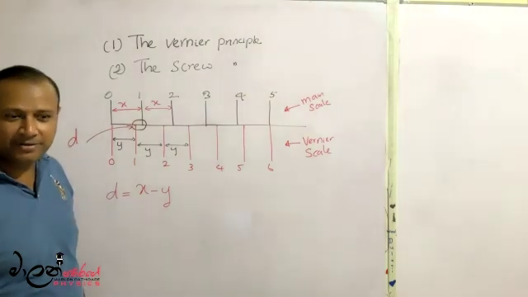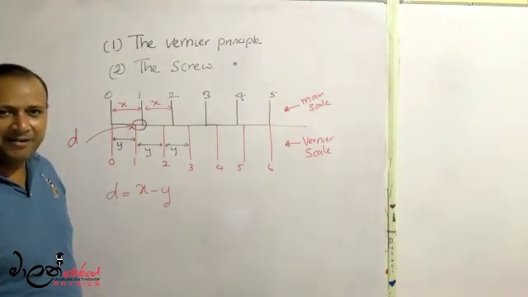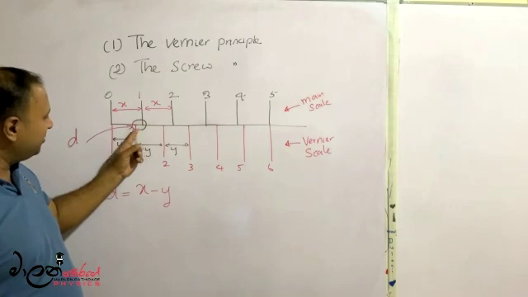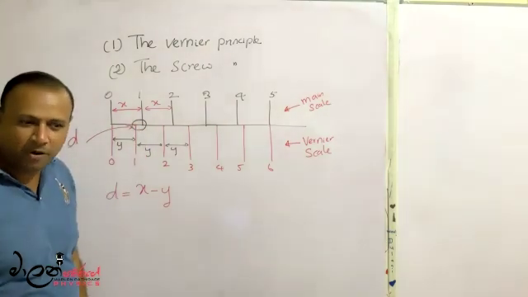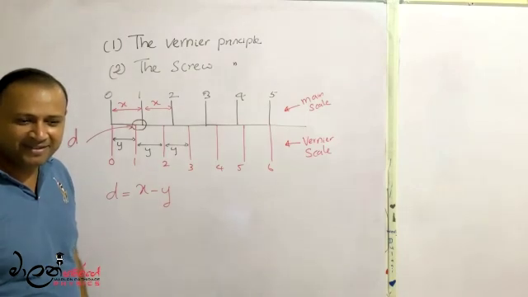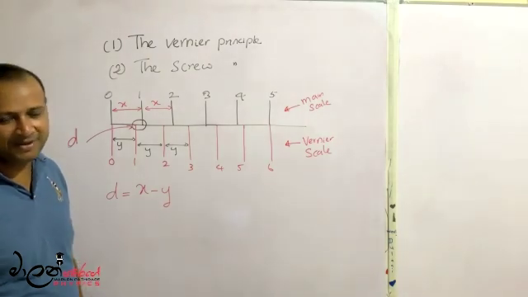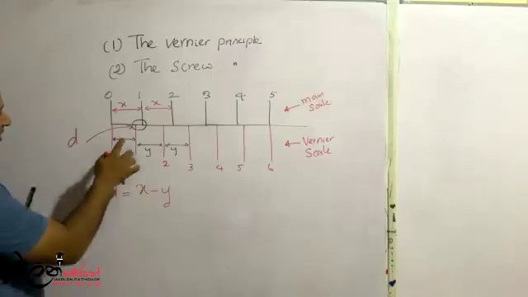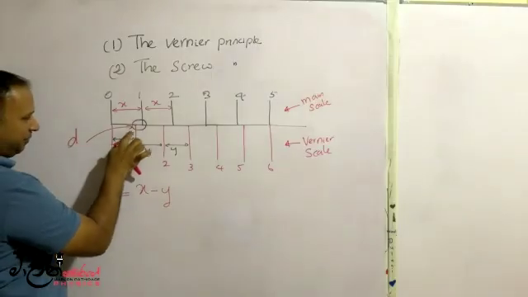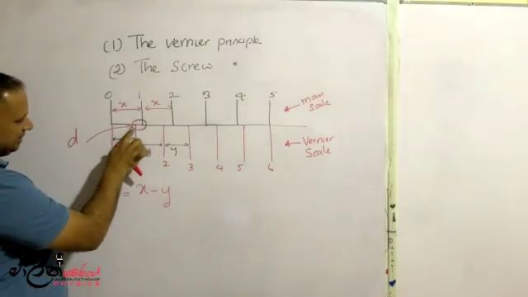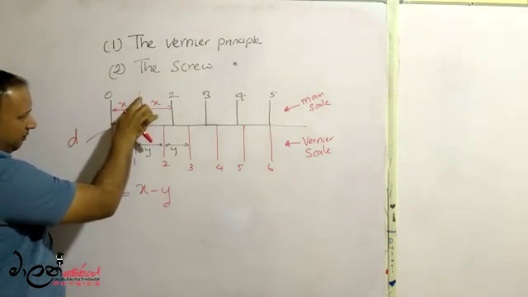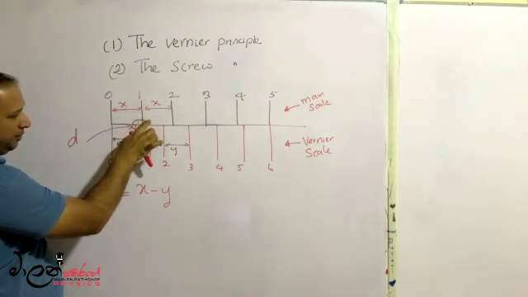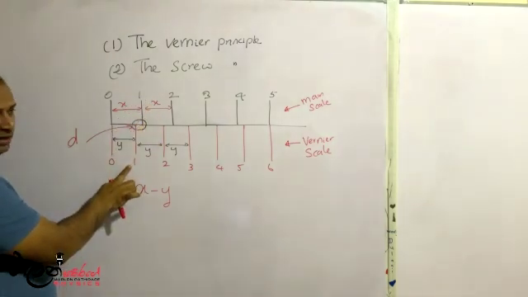Did you get my point? So if this gap is D, D means the gap between number one scale of the main scale and number one scale of the vernier scale.